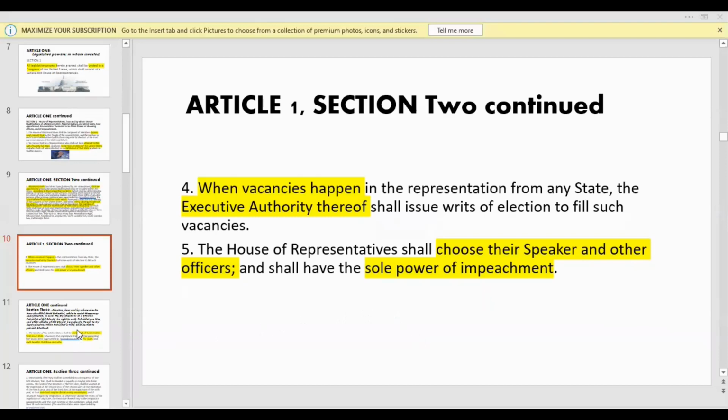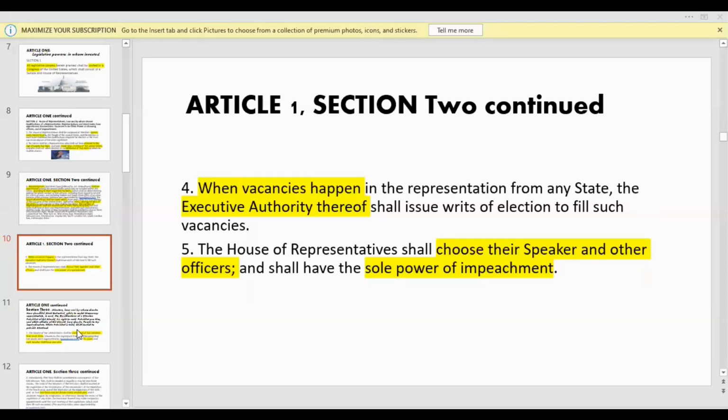Then we have this concept of the House of Representatives having the sole power of impeachment. We've all experienced this, the impeachment process, which you all probably now are very familiar with. The House of Representatives makes a determination that some member of an Article II or an Article III office is not doing their job, or has done something bad enough that they shouldn't remain in office.